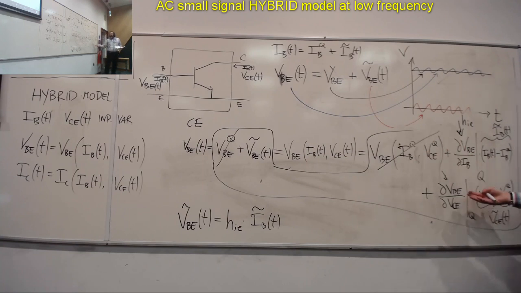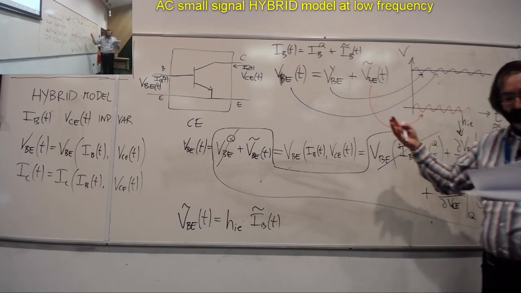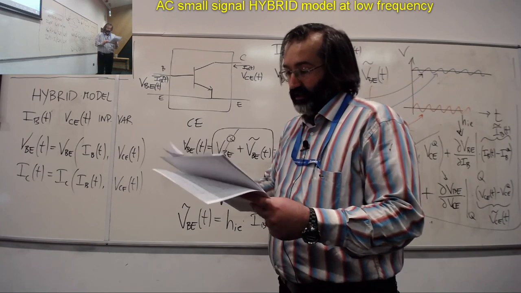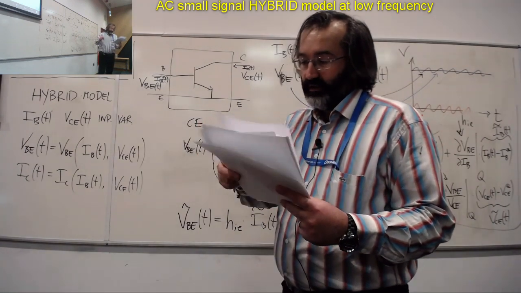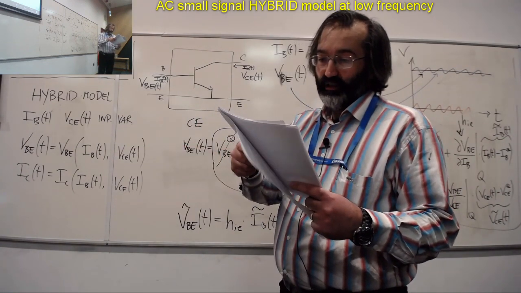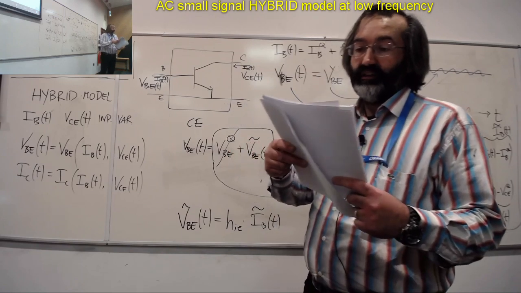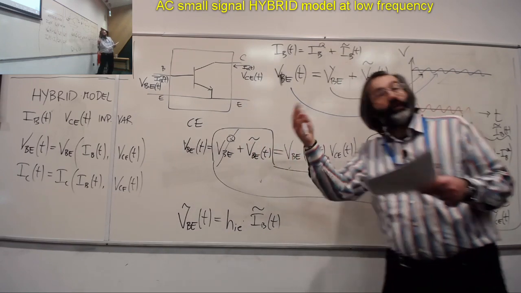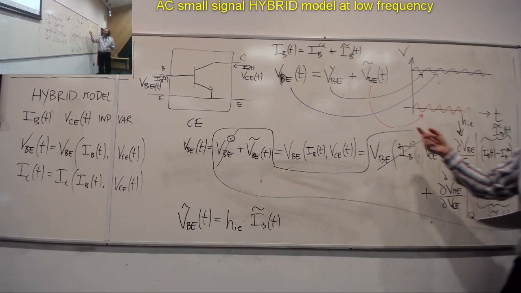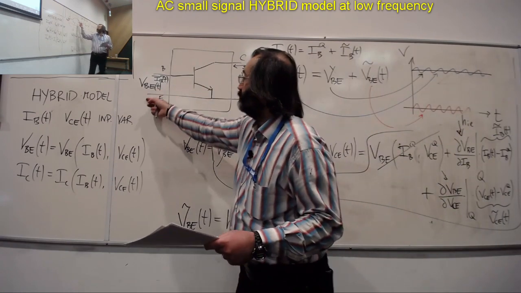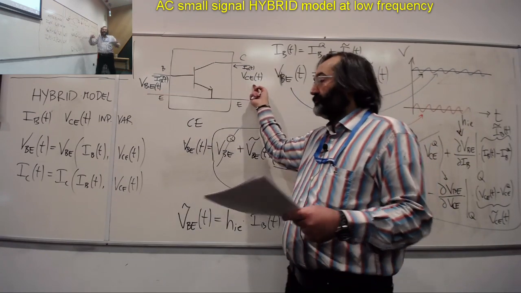This is the so-called differential reverse voltage gain. Reverse because it's the voltage in input divided by the voltage in output.